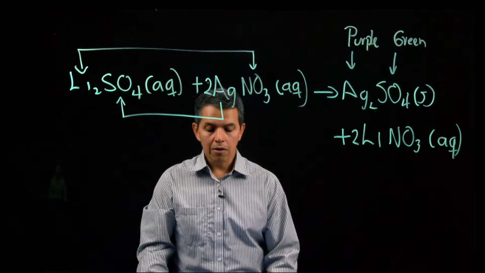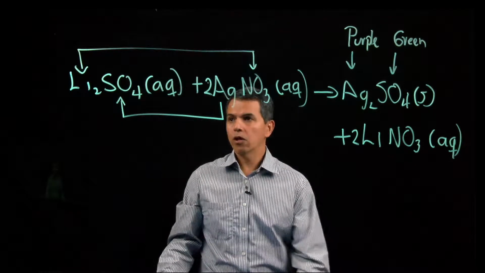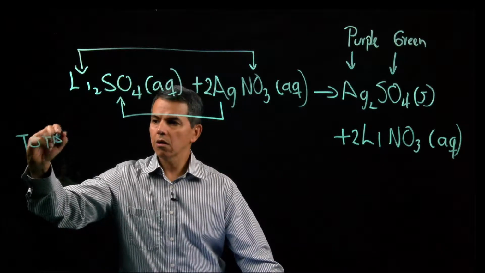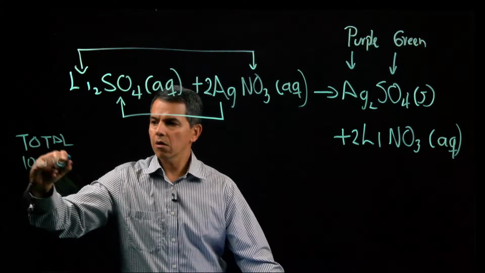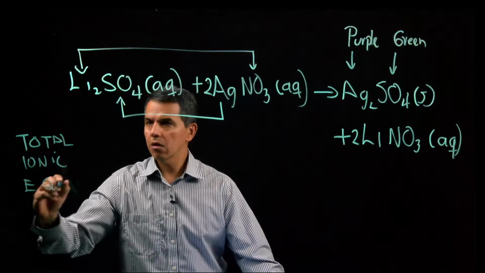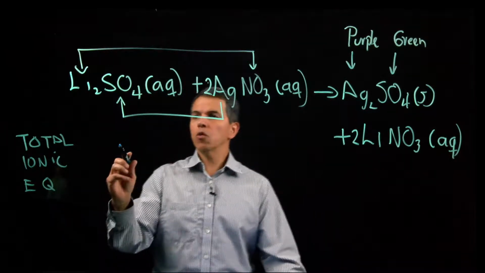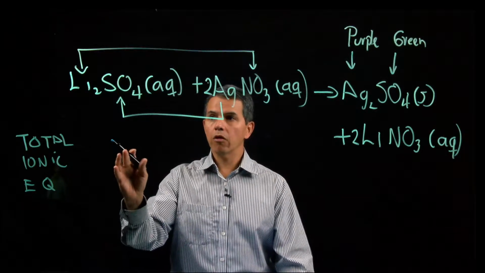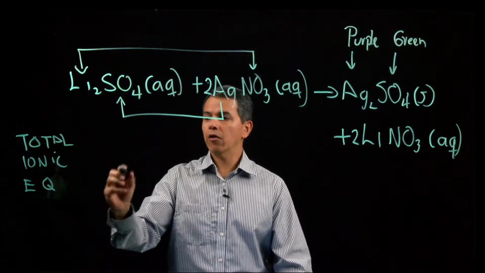Now we need to write the total ionic equation. And for that one, we need to imagine which ones are in the ionic form. On the left side of the equation, both of them are fully ionized.